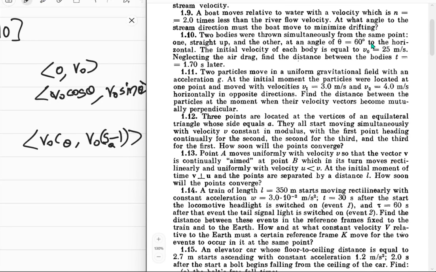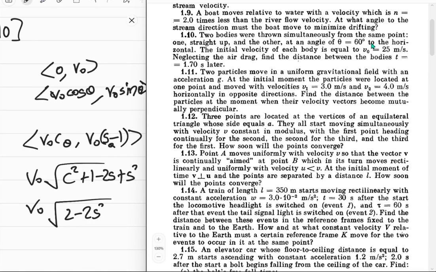What's the magnitude of this? So v naught square root of cosine squared plus 1 minus 2 sine plus sine squared, whatever. So v naught square root of 2 minus 2 sine theta. And to the horizontal, of course. Fine.